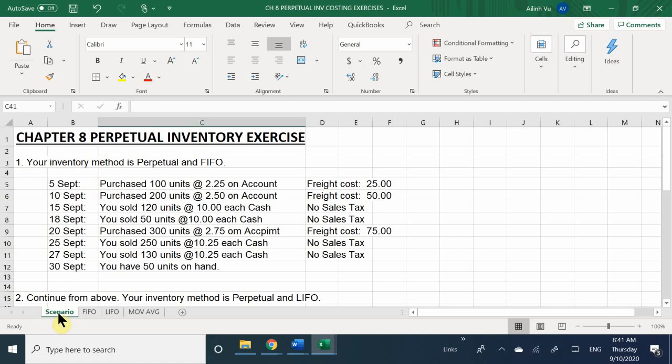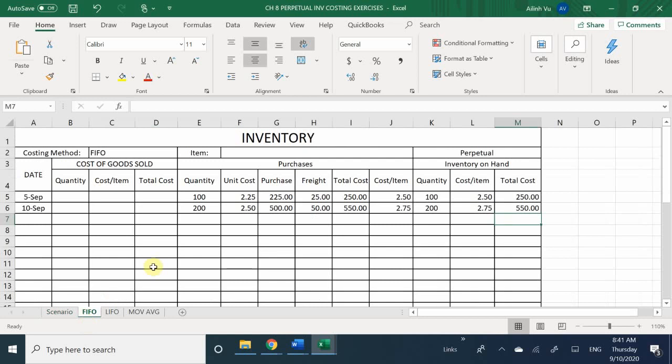What happened next on September 15? Okay, so on September 15, we sold a total of 120 units, was it?